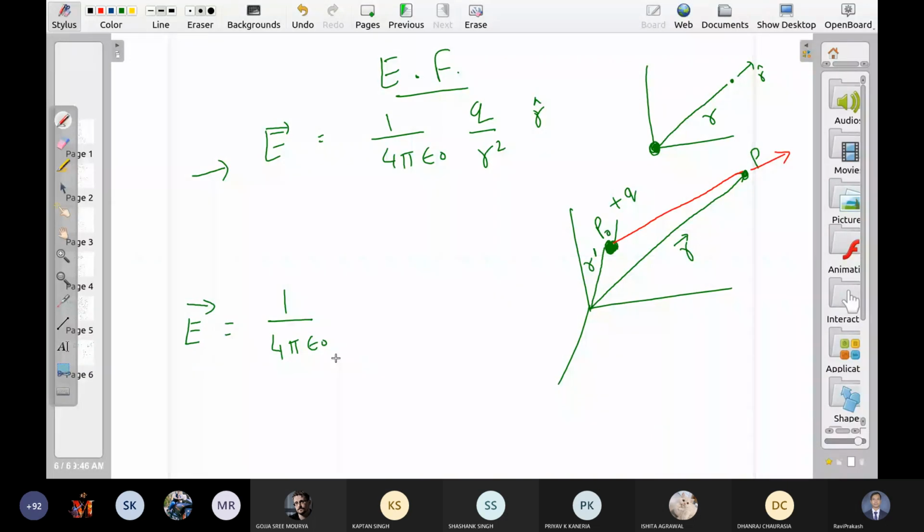So let us write it. 1/4 pi epsilon naught. Charge is q. कहाँ पर है? r prime पर. How much is this vector? इसकी लेंथ कितनी होगी? Agree?